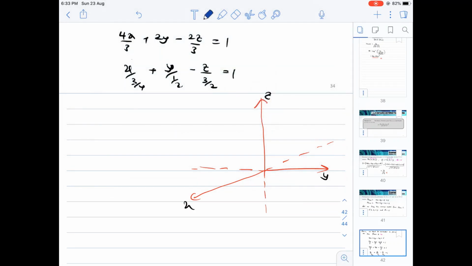So x is 3 over 4, and then y equals 1 over 2, and then z equals negative 3 over 2. So this is the plane.